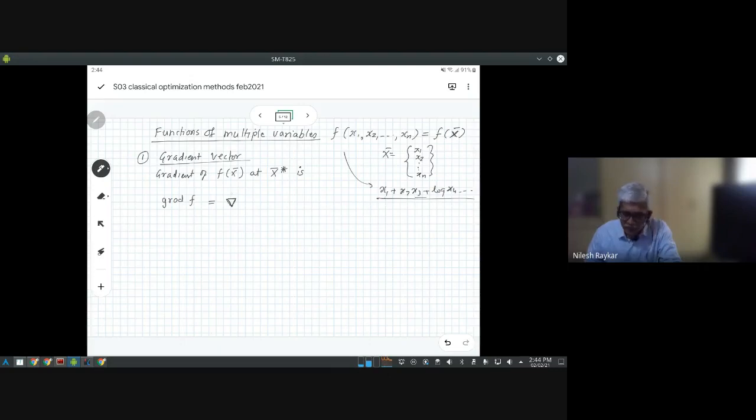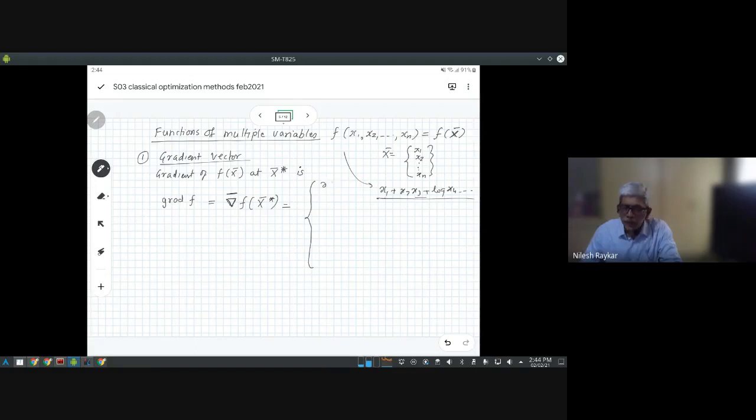Since it is a vector, I'm putting a bar on top of that, with x bar star. So it is a vector.